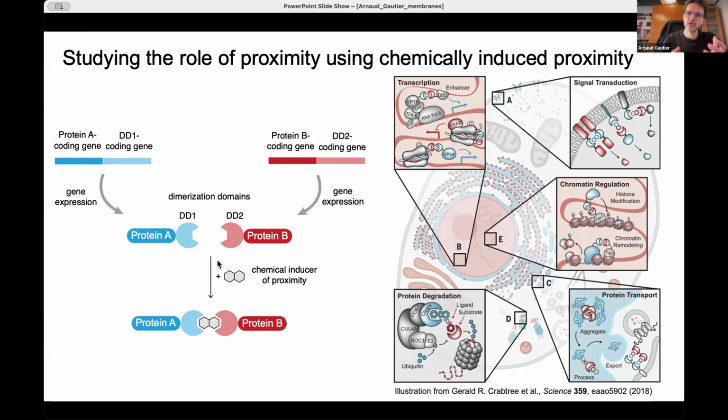And this really allow to have experimental control on the proximity of two proteins, and has been really essential to study different kind of processes, including the control of transcription, signal transduction, chromatin regulation, protein transport, and so on. And so there are already many tools that exist in this field.